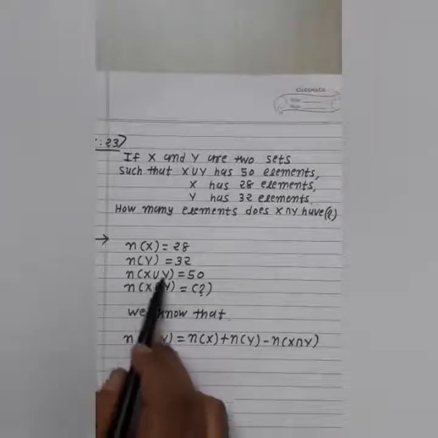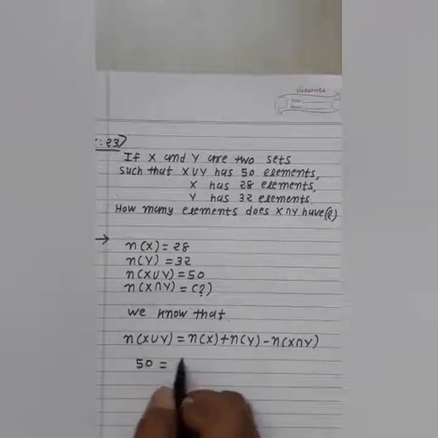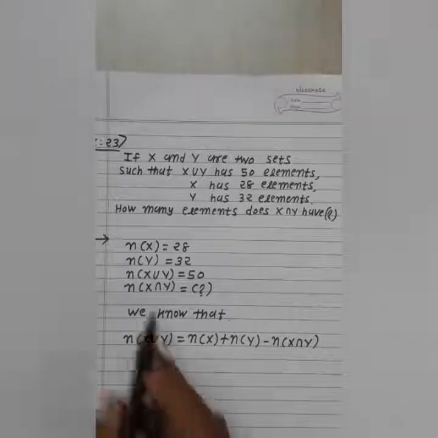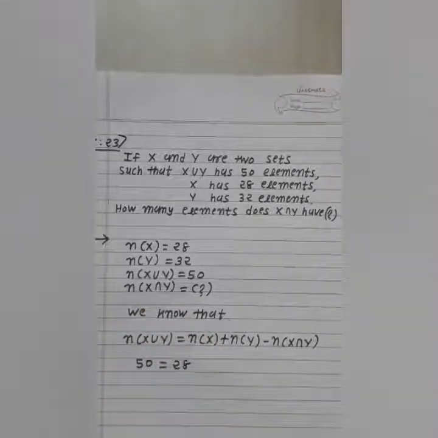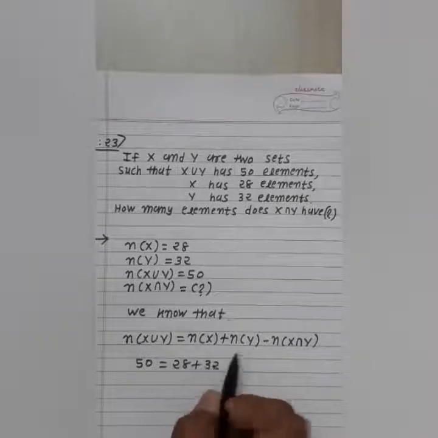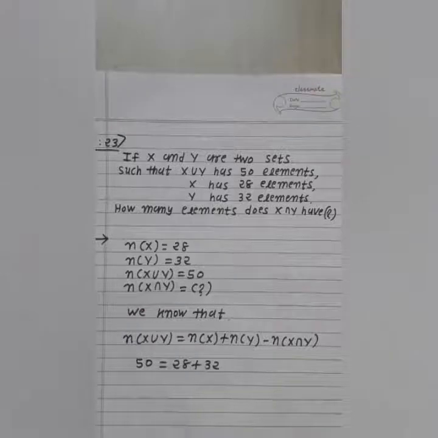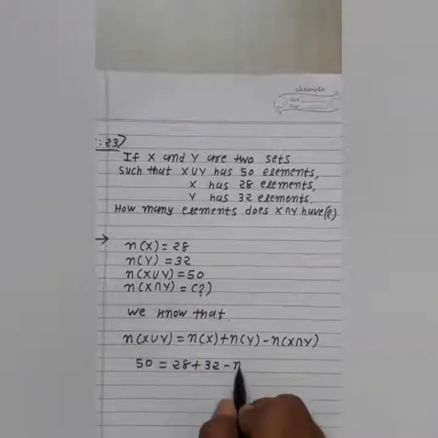In place of n of x union y we write 50, which is equal to 28 plus 32 minus n of x intersection y.